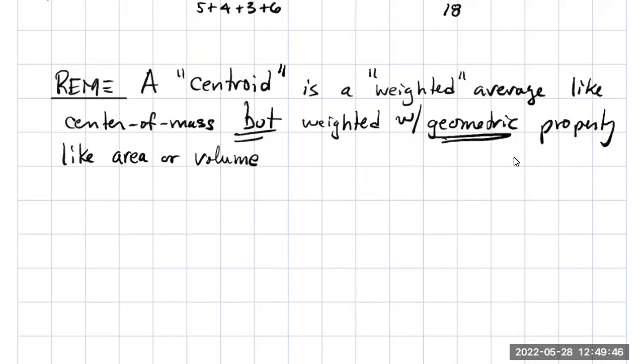So what is a centroid? A centroid is a weighted average like center of mass, but it's weighted with a geometric property like area or volume, as opposed to a physical property like weight or mass.